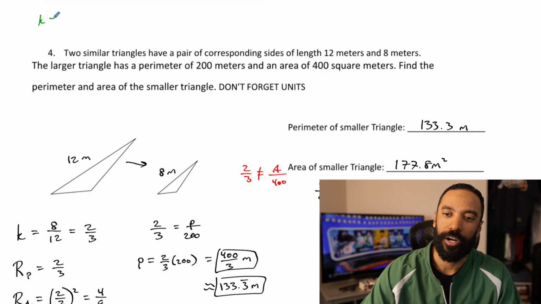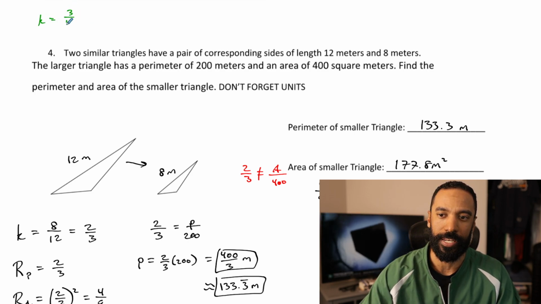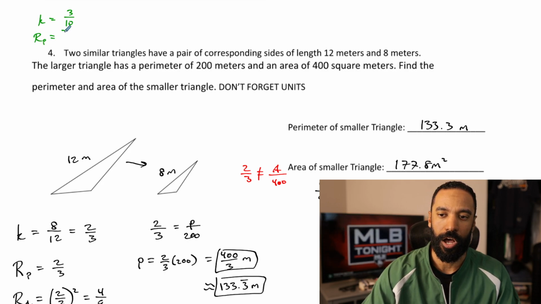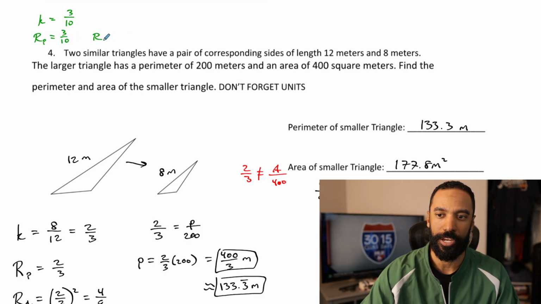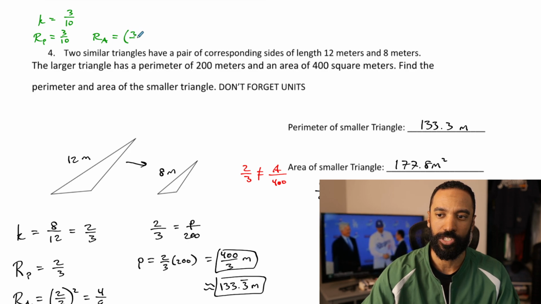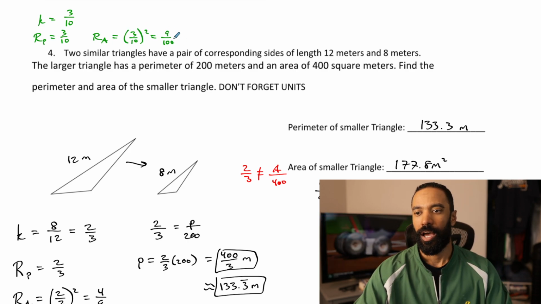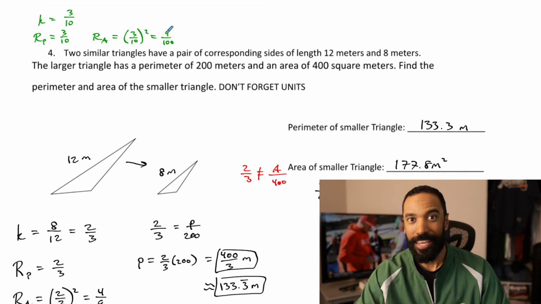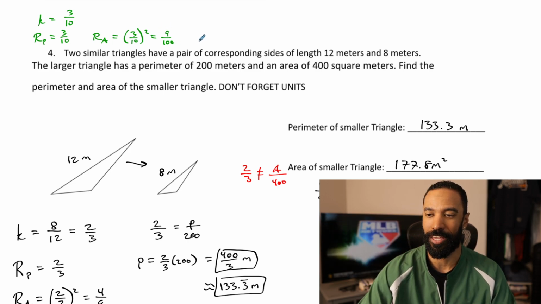So the similarity ratio, let's look at as 3 to 10, and that can't reduce. So the perimeter ratio is also 3 to 10, but the area ratio would be 3/10 squared, which is 9 over 100. Instead of being 30% of the size, it's 9% of the size of the other one.